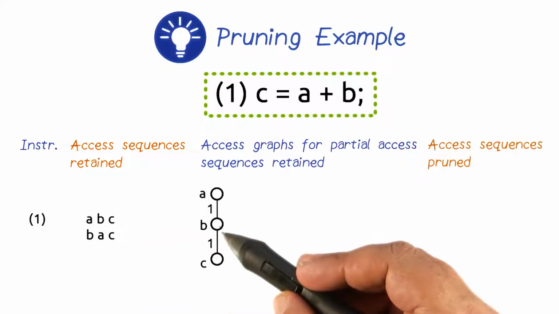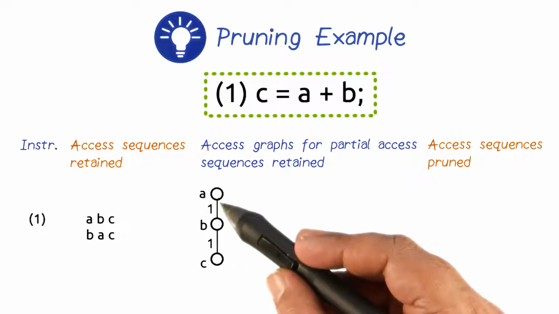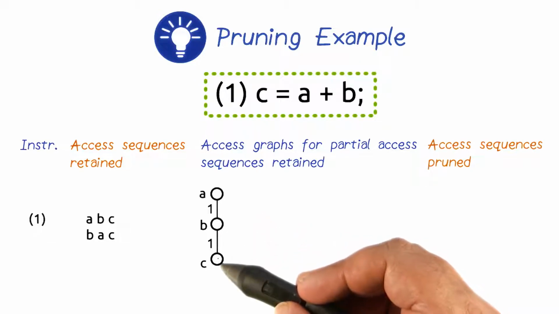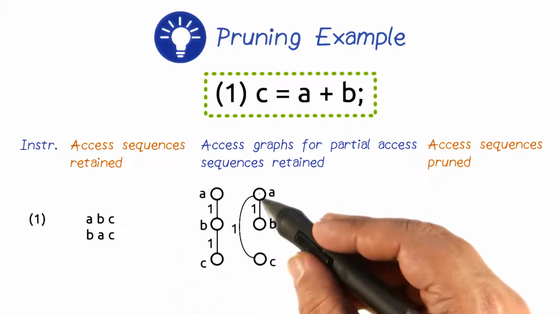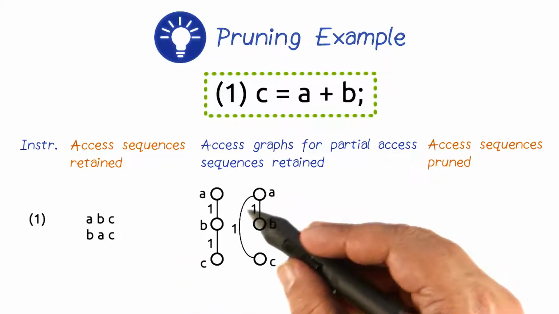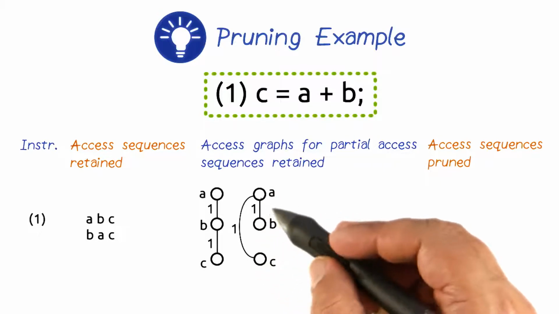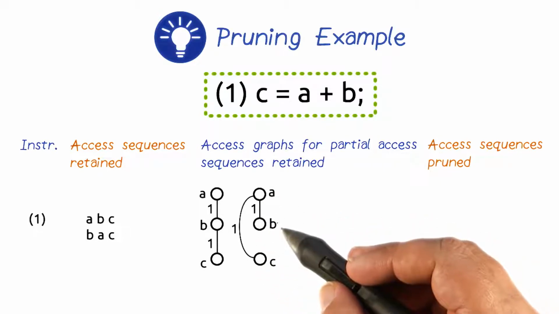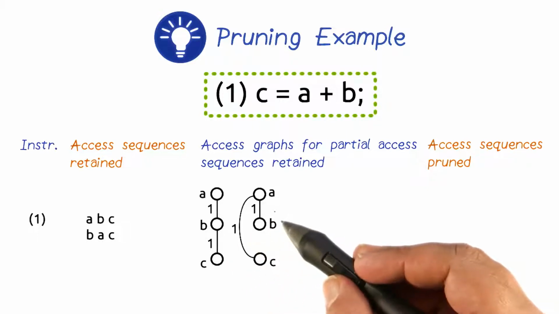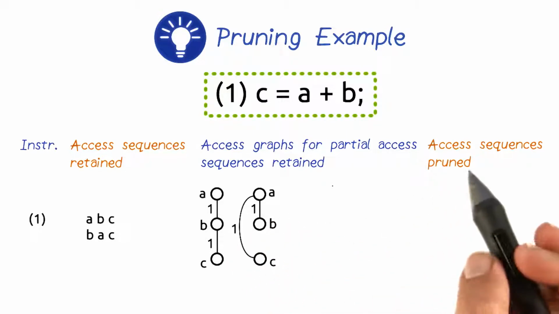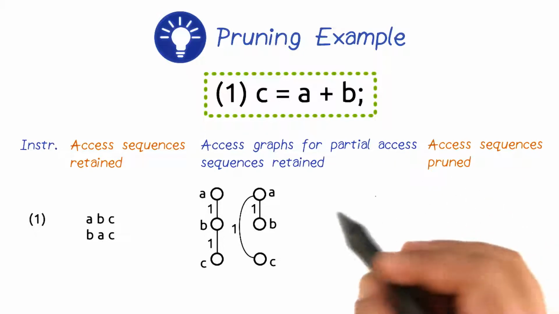The resulting access graph that we have here is A to B, B to C, as in this particular access sequence, or B to A and then A to C, as in this particular access sequence. Since we are at the very beginning of trying out these transformations and both have the same cost in this particular case, both are retained, none of them is pruned.